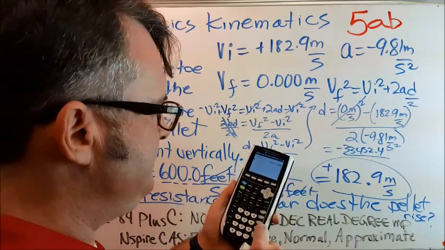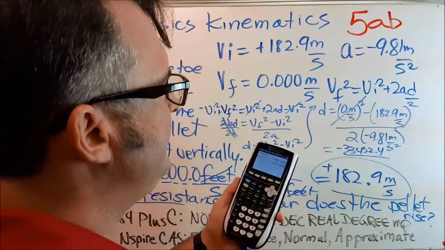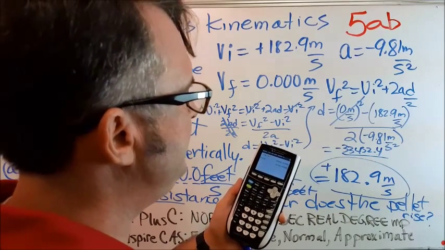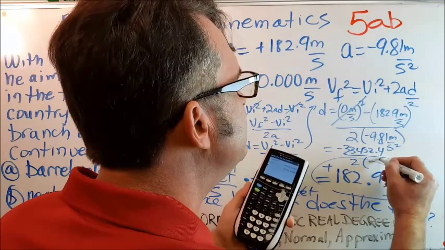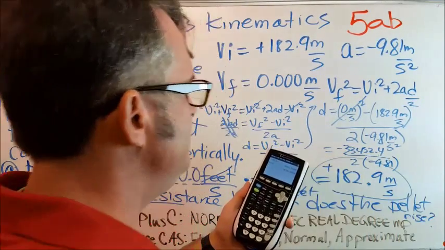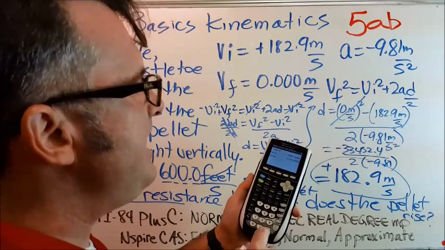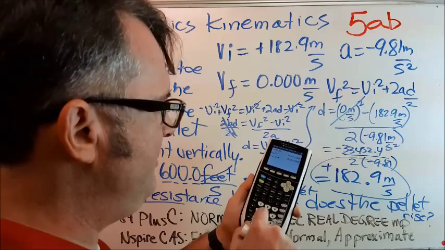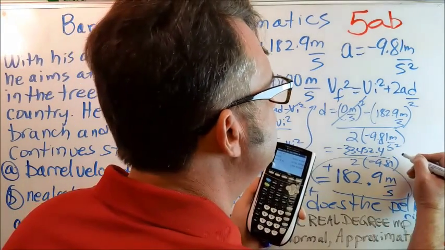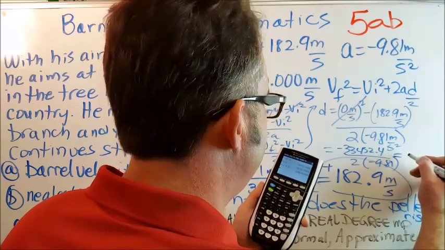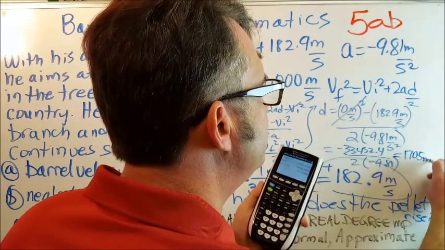We're going to divide by 2. Enter. Okay, I get negative 16,726. Divided by negative 9.81. Enter. And I get 1705 meters.